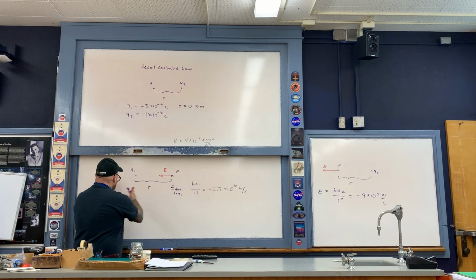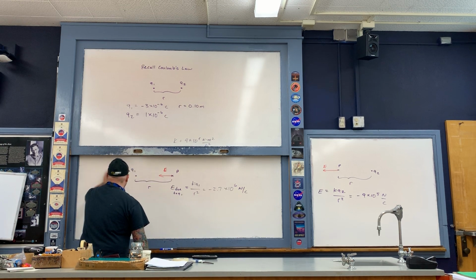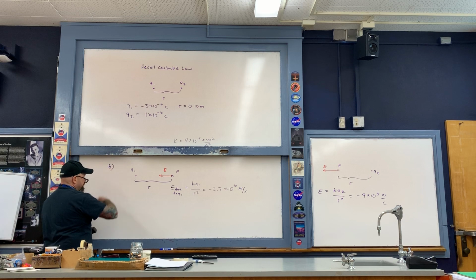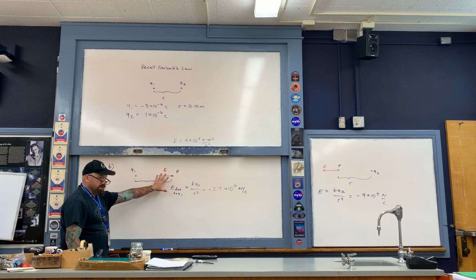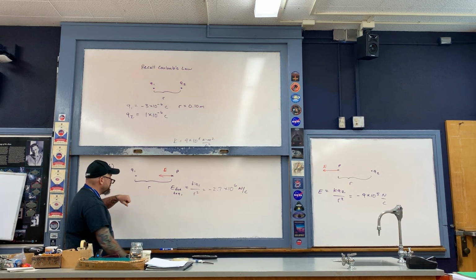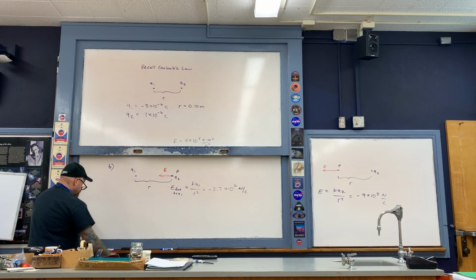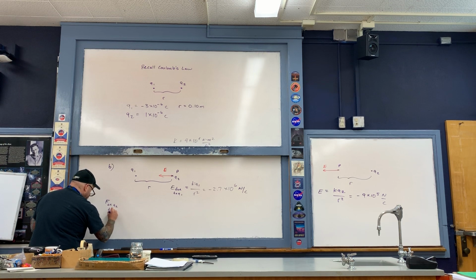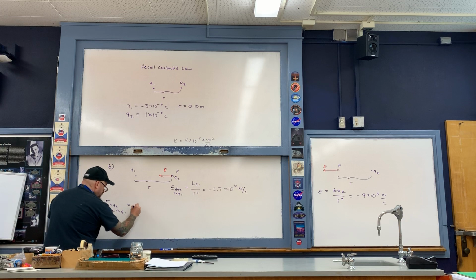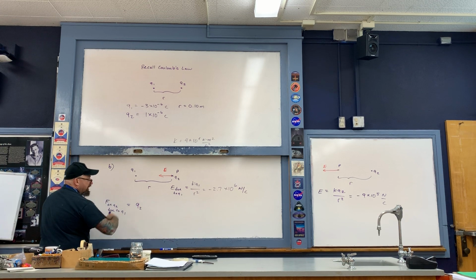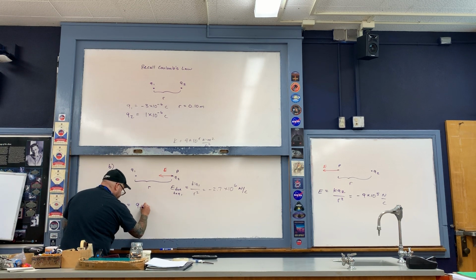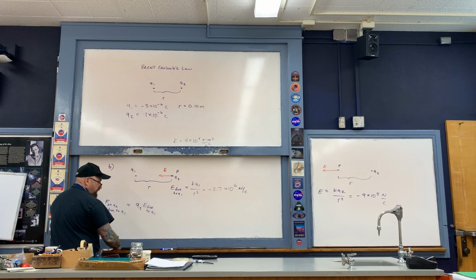So now let me go ahead and change here on the board this description to part B, and now let's go ahead and use this diagram. What we'll now do is we'll put our charge here, Q2. So the force on Q2 due to Q1 is equal to the charge Q2 multiplied by the electric field due to Q1.